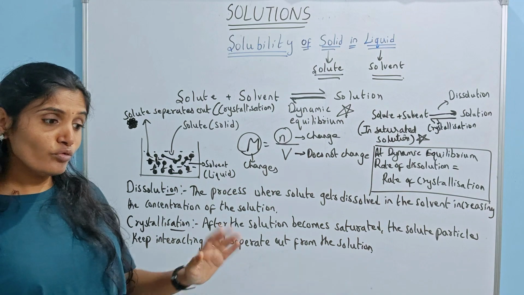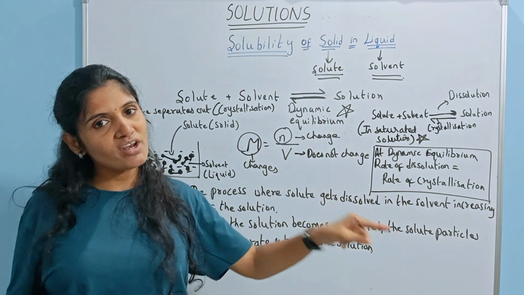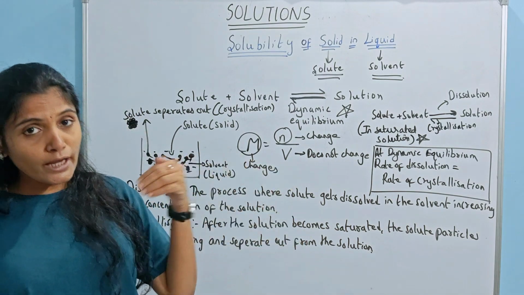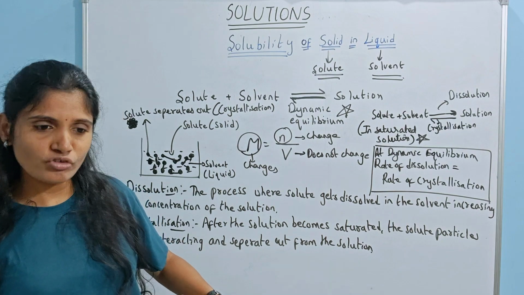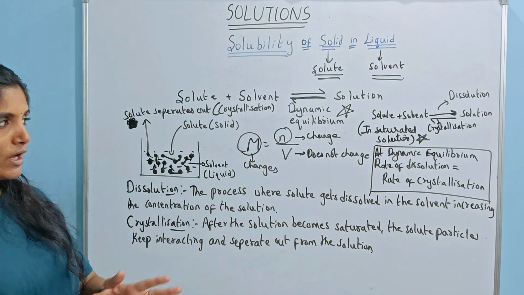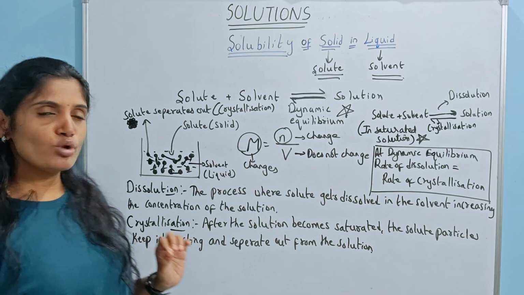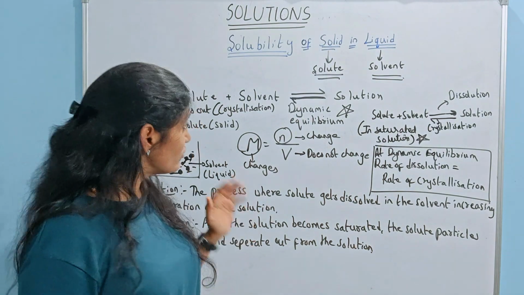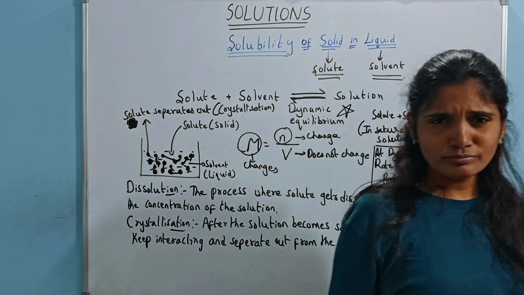So the process mainly happening is dissolution, and there is no point of crystallization in an unsaturated solution. I can only talk about crystallization when the solute becomes too much in the solution, then they start interacting. So we cannot talk about any dynamic equilibrium when I am talking about an unsaturated solution. So this is about the dynamic equilibrium of a solution.